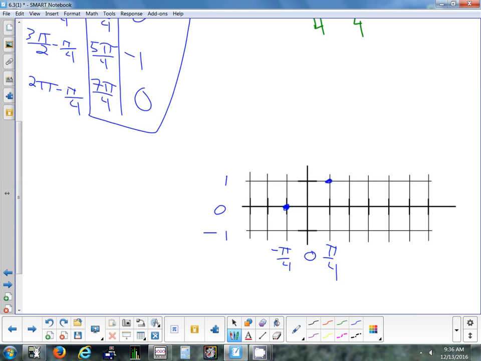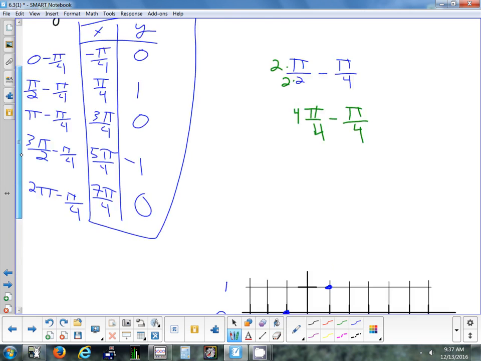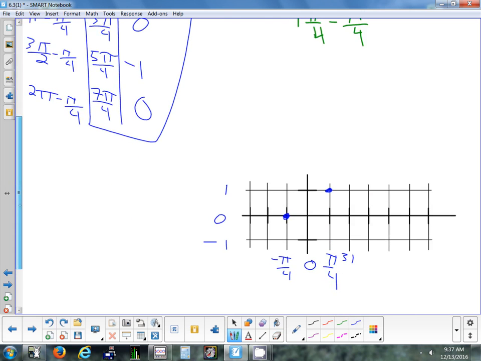Now, what's the gap between negative pi over 4 and pi over 4 in terms of how many grid lines I left between them? Well, I guess that's a little tricky. If you're starting at negative pi over 4, how many grid lines do you have to go over to get to the next one? 2. So you are not putting your next value there.